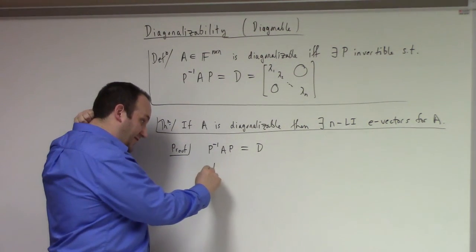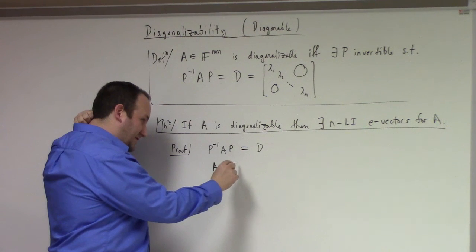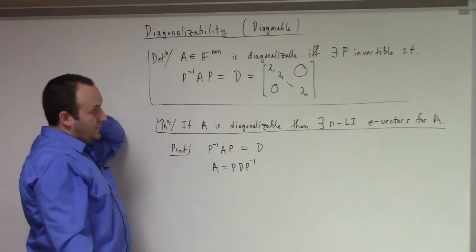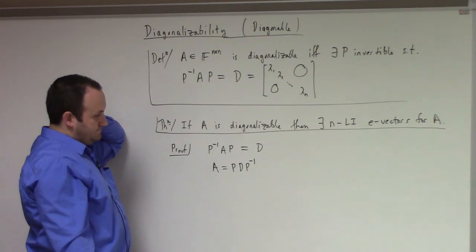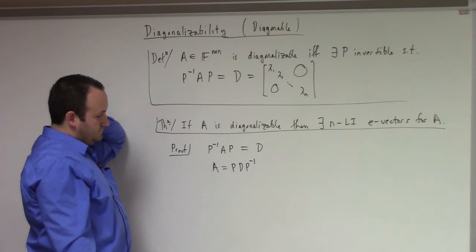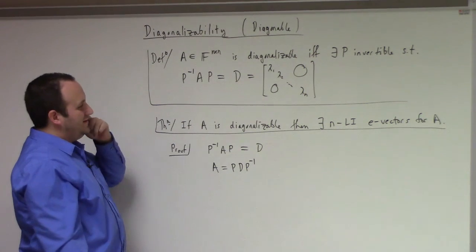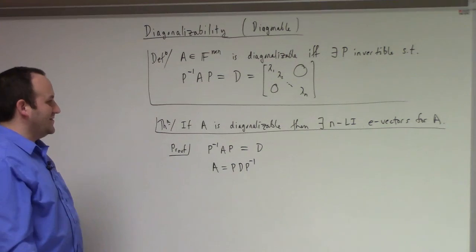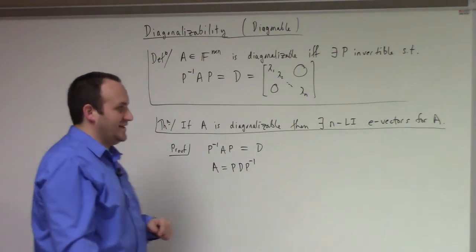That also means that A is equal to what? P D P inverse. Oh man, I think I chose the one that's hard to prove. Curses. Let me leave this open for a second.